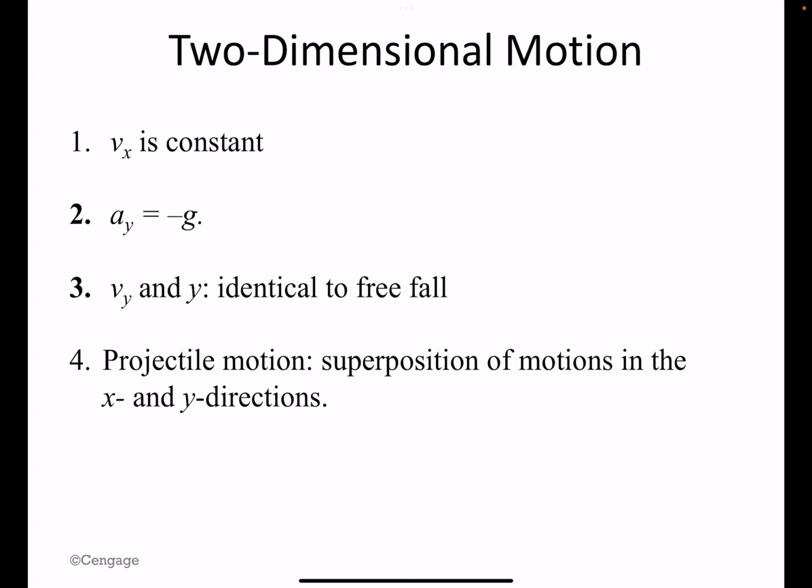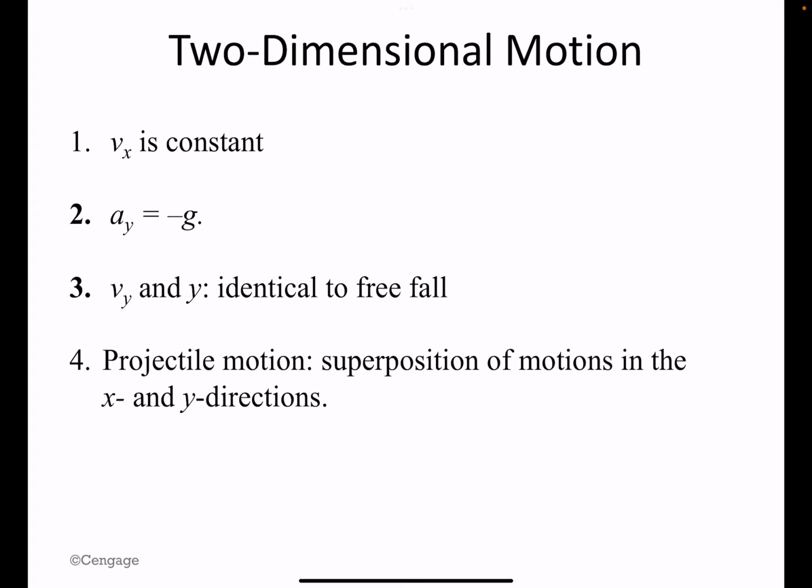Let's summarize these important facts about projectile motion. 1. If air resistance is neglected, the horizontal component of the velocity, vx, remains constant because there is no horizontal component of acceleration. 2.